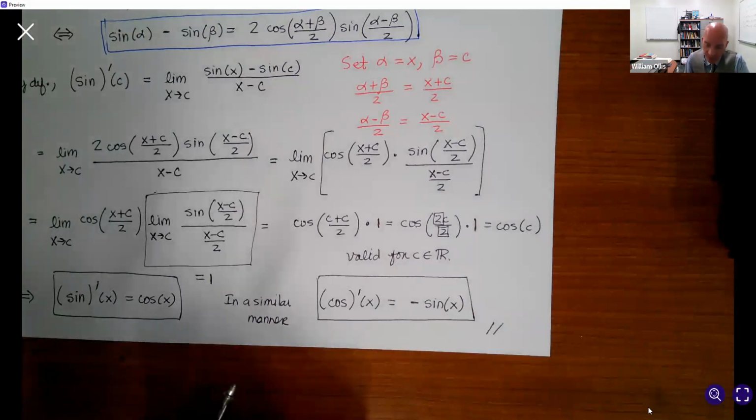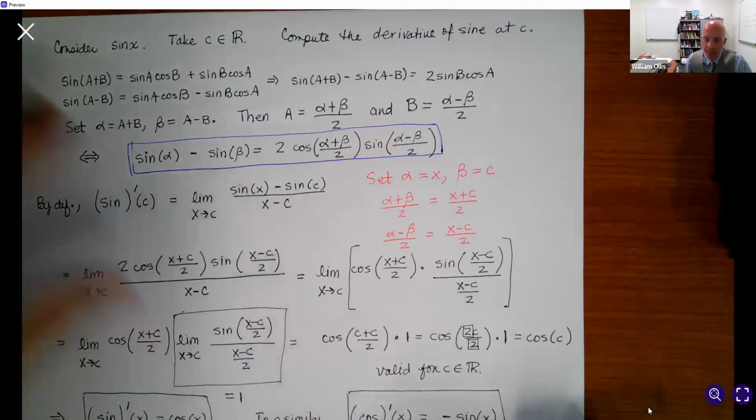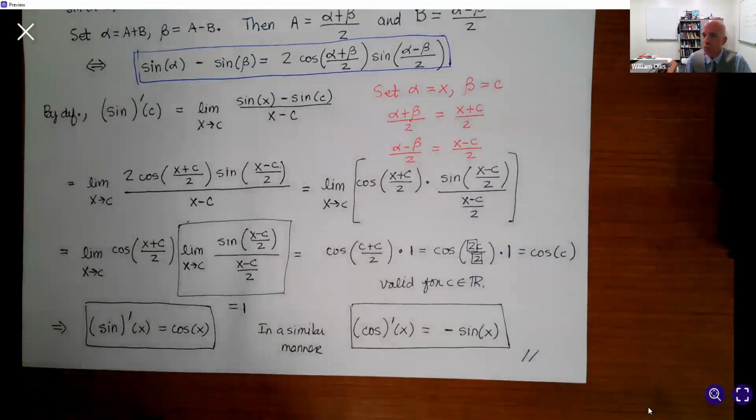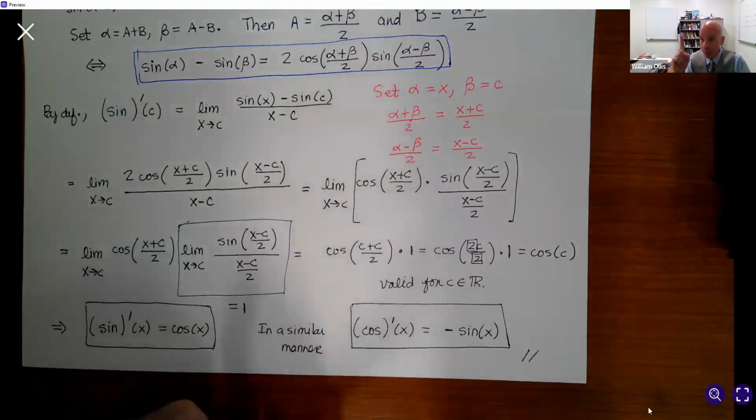So the main thing about what we have learned today is that we have some very efficient rules for computing derivatives. We know that the derivative of a constant is 0, the derivative of x is 1.